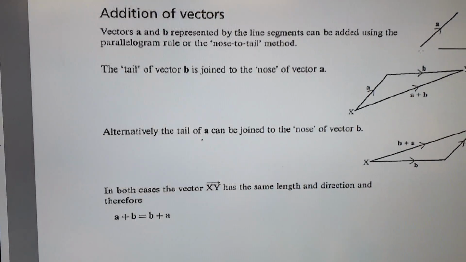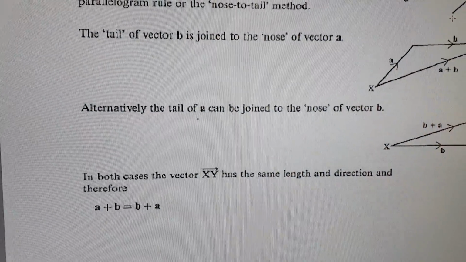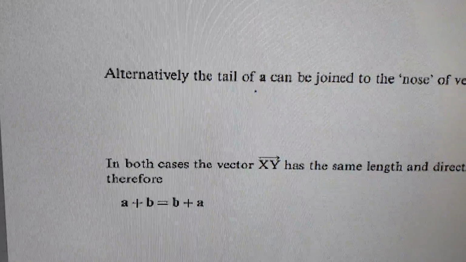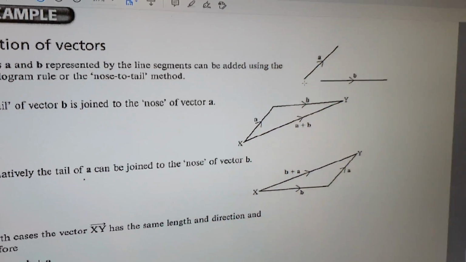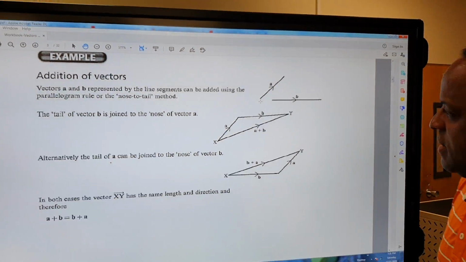In both cases, the vector XY has the same length and direction, and therefore A plus B is equal to B plus A. So we have A plus B here and B plus A here, which are both the resultant vectors.